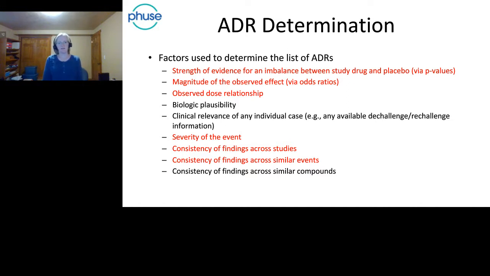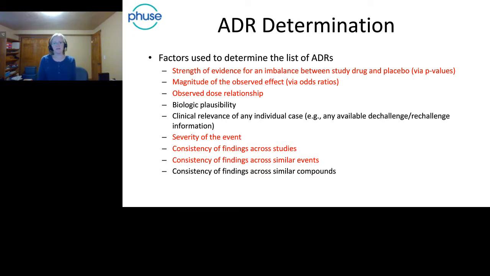So the factors, and there's a lot of references for this too. There's, I think, a science guideline that really is helpful to understand the thought process behind deciding what's an ADR or not, and that is in the references. These factors include how strong your evidence is for an imbalance with your drug versus placebo. This can be done via p-values or confidence intervals.